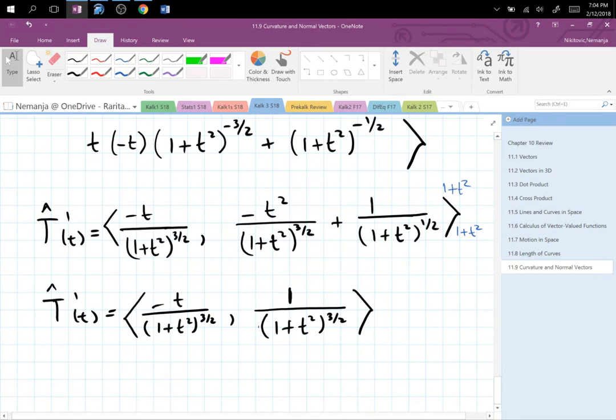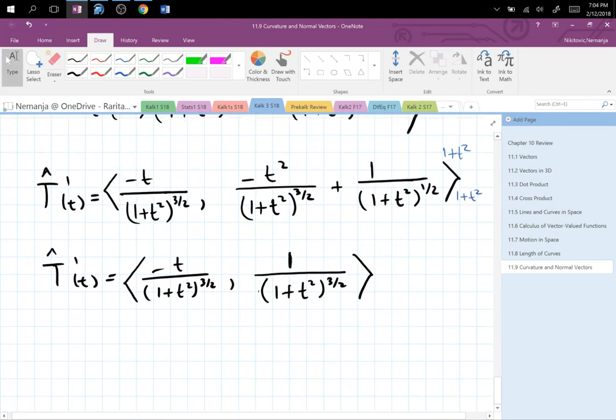And you could leave it here, or you can write it as simply vector negative t, 1 divided by the denominator. Oh wait, we are going to find the magnitude of this. Let's just leave it here. So we have our t prime, and now let's find the magnitude. The magnitude is going to be when we square all of this stuff.